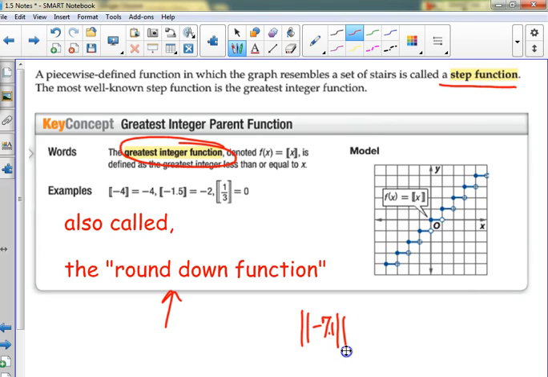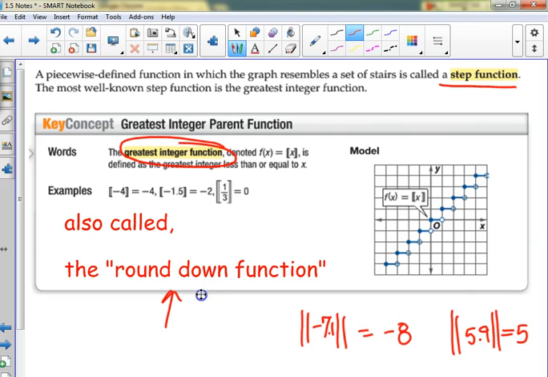It has to round to the left, the next integer less than or equal to this. So it will round down to negative 8. Okay? If it was positive 5.9, it would still round down to 5. Okay? If it was 1/3, it would round down to 0.